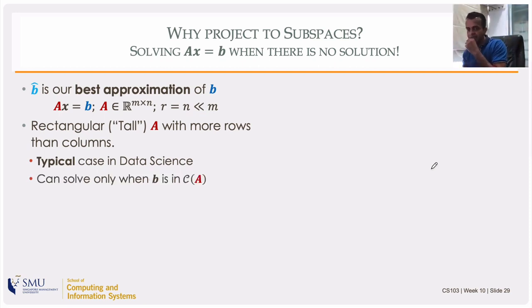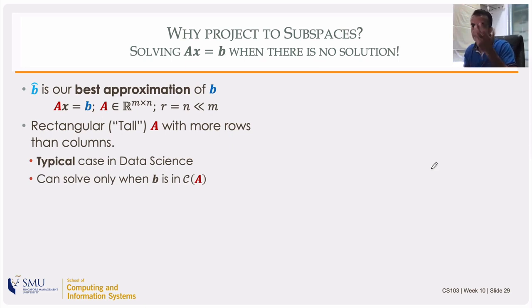Now, if you think of this data matrix as a coefficient matrix of some set of linear equations, Ax equal to b, A is a data matrix. Why you want to look at it that way will become clearer later, but it's a matrix. The moment you have a matrix, you can think of that as a part of a system of linear equations.